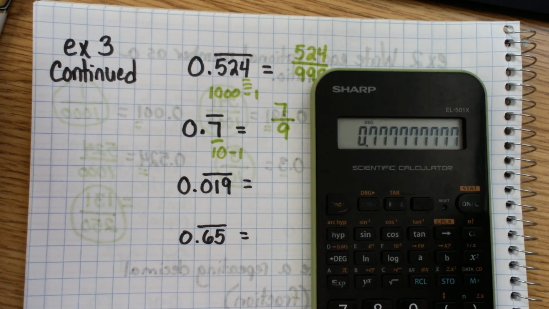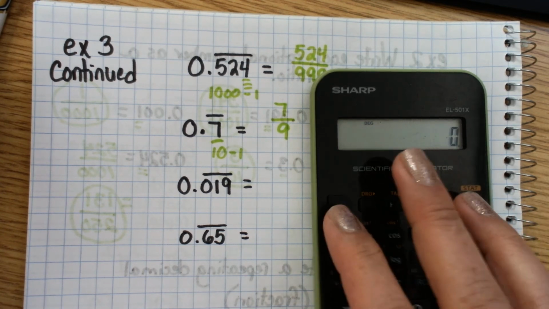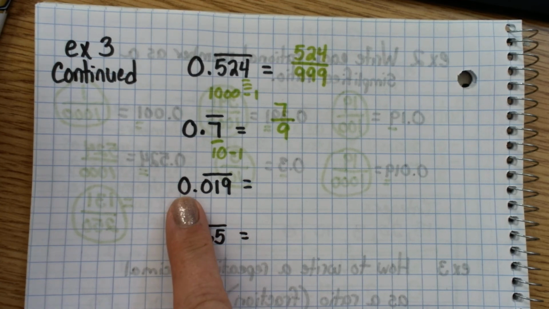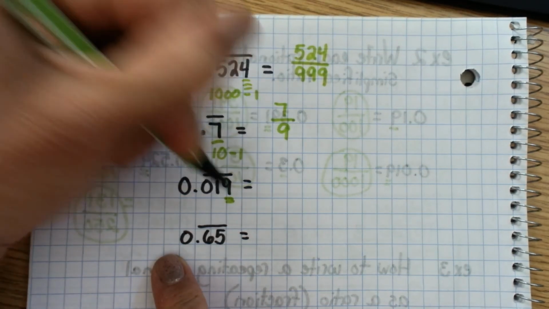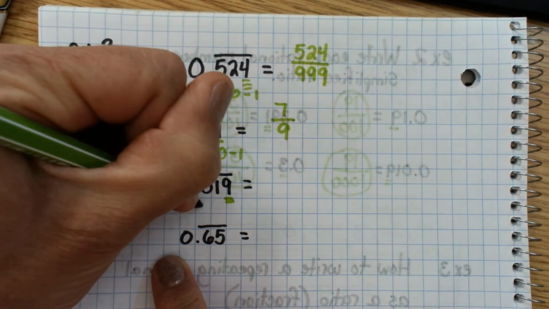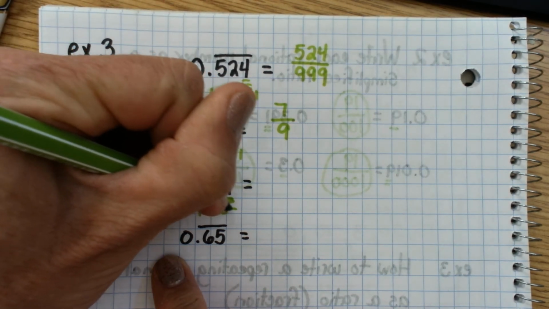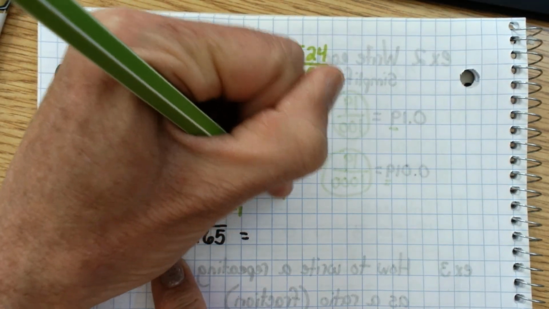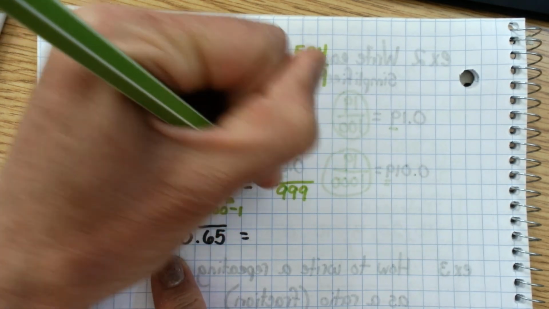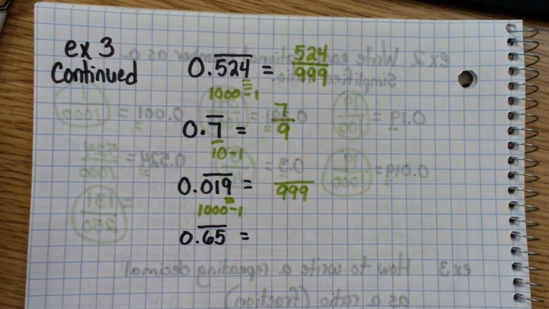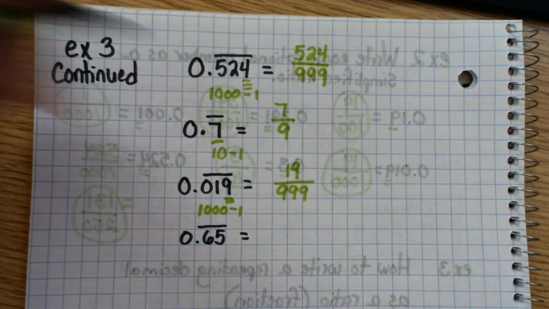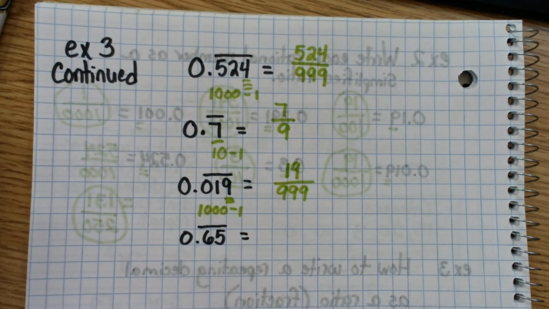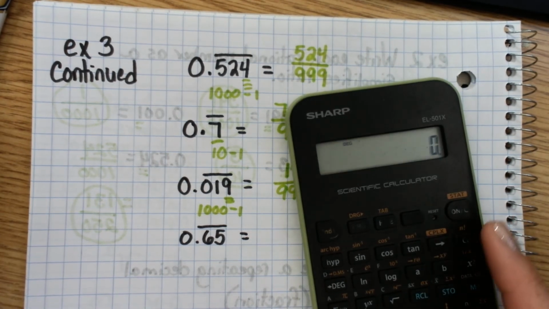And there it is, repeating sevens. Next one, 0.019. My last repeating digit is in the thousandths place, so I'm going to do 1,000 take away 1. That gives me my denominator, 999, and there are 19 of them. So it is 19 over 999.